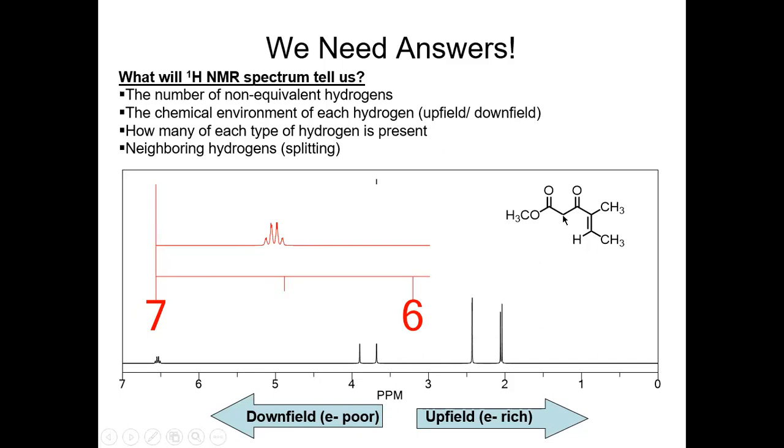These 2 hydrogens on this carbon are going to give off a signal. These hydrogens will give off a signal. So will these. And this hydrogen right here is also going to give off a signal. Those signals show up in different places because they're in different chemical environments, either electron-rich or electron-poor.